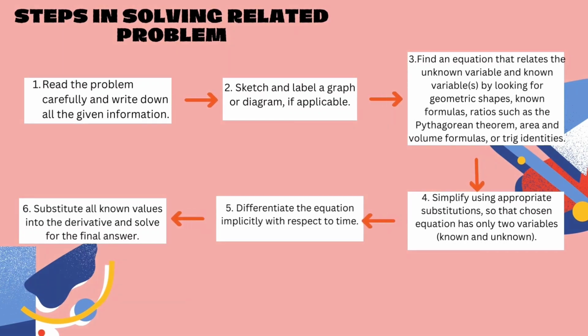Next, simplify using appropriate substitution so that the chosen equation has only two variables. Then, differentiate the equation implicitly with respect to time. And the last one, substitute all the values into the derivative and solve for the final answer.